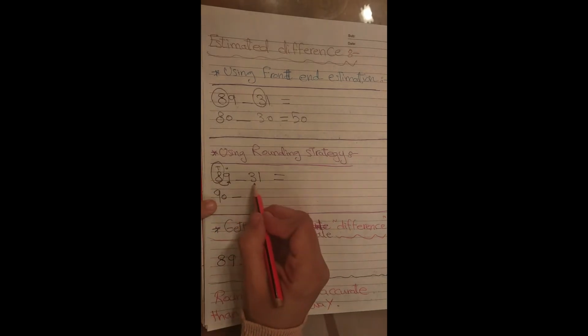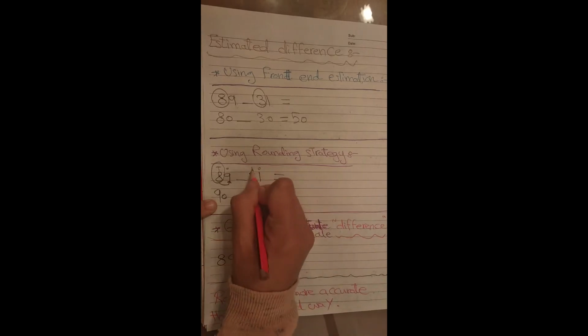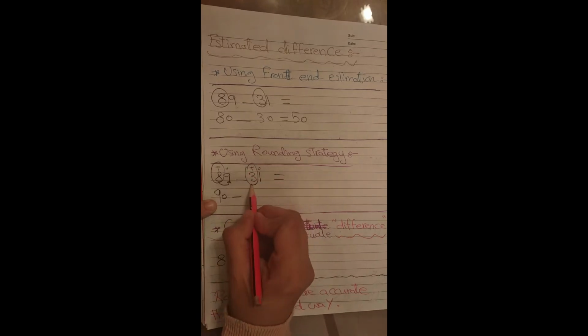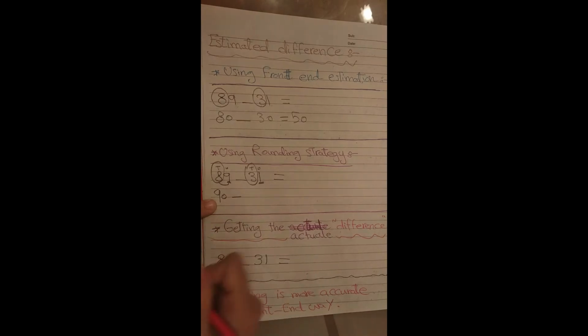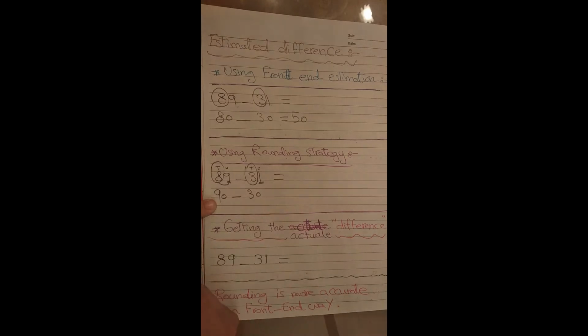Minus, we will round the second number, which is 31. I have here ones and tens. Our leading digit is the tens digit, which is 3. It can't take the decision alone. 1 will take the decision. 1 here is weak, so it can't help our leading digit, so it will be as it is, 30.